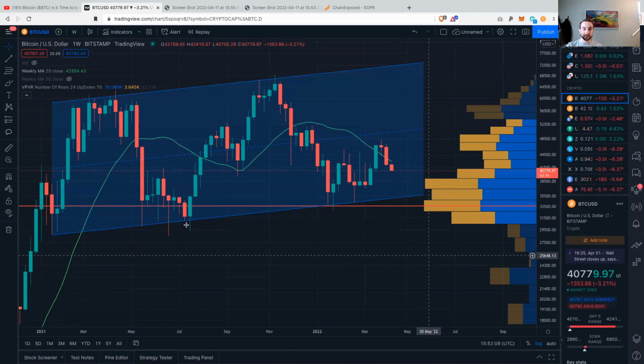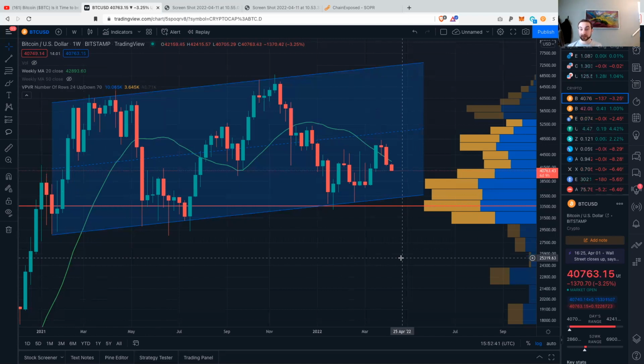Beyond that, we would then be looking at this low going all the way back to June 2021. That's if we consider this whole picture from this first parabolic move, which began in the end of 2020, if we consider that to be one kind of protracted range or one period of time, then that would be the range low, and we would be looking at around 29K.